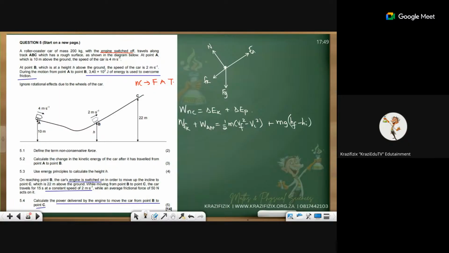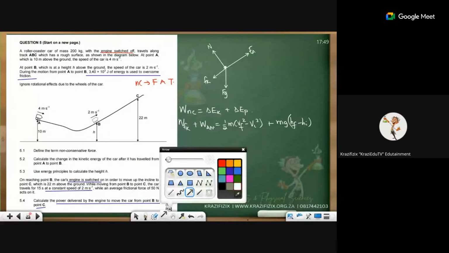Okay, let's now start. The work done by friction, what's the formula? Friction, delta x, cos theta. We do not know delta x. If speed is equal to distance over time, you have delta x. Okay, yeah, we can use that.